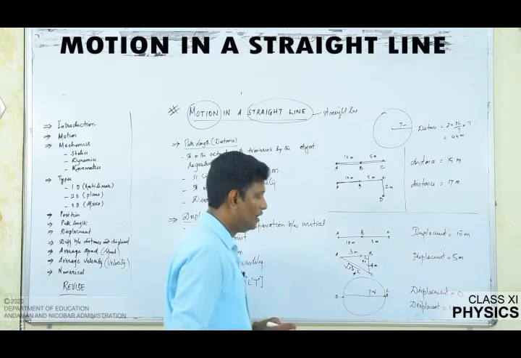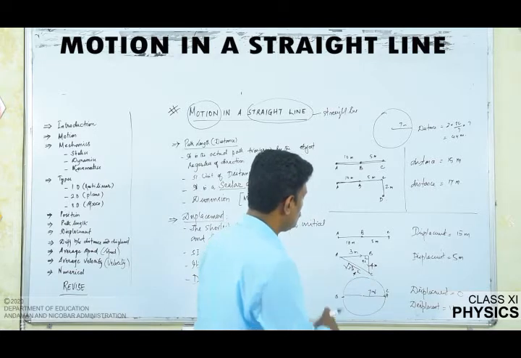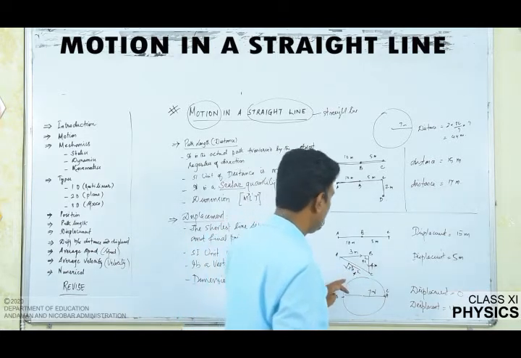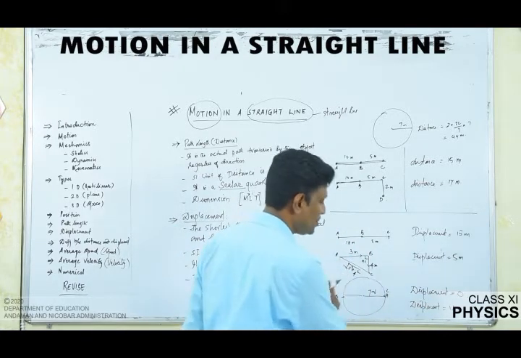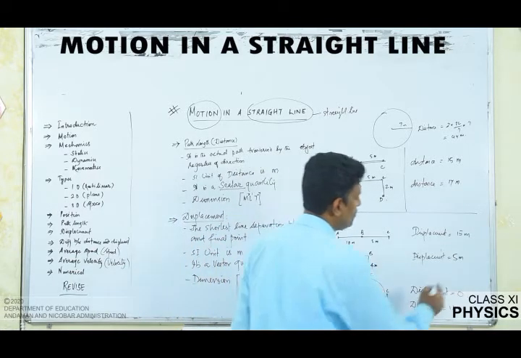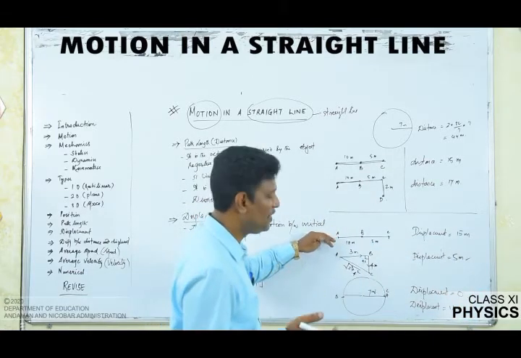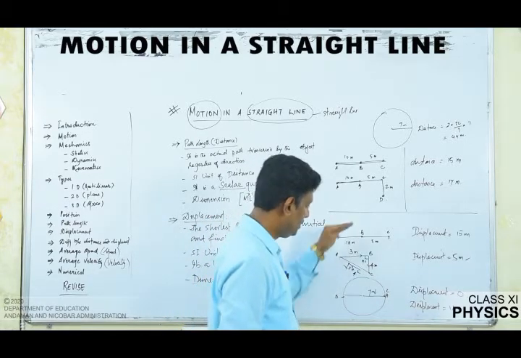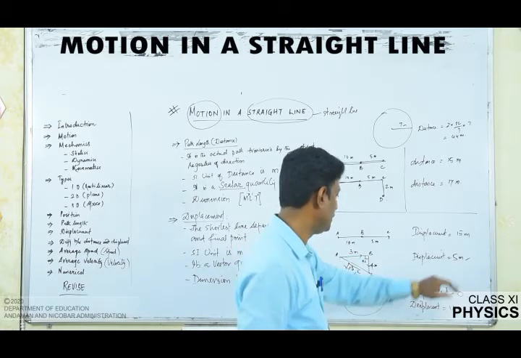Since it is a right angle triangle, AC is the hypotenuse. So, root over 3 square plus 4 square. 3 square is 9, 4 square is 16. 16 plus 9 is 25, root of 25 is 5 meter. So, in the initial case we saw displacement in a straight line. In the second case we saw the direction change and the displacement changes, that is 5 meter.